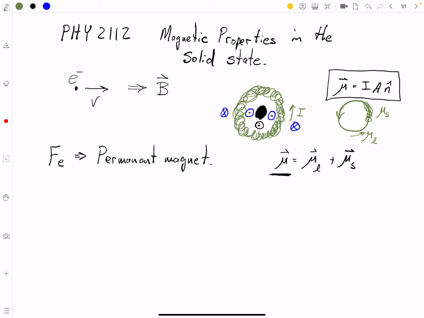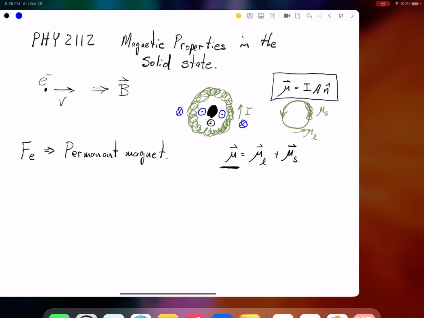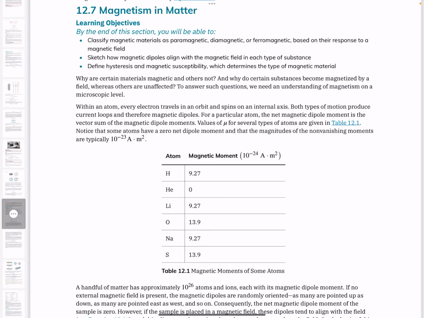Okay, so table 12.1 has mu values for common atoms.